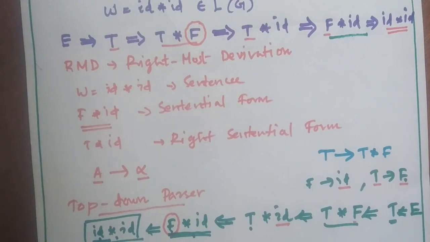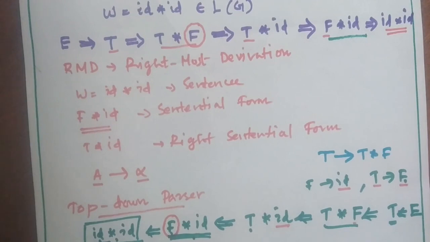So it slowly progresses from the input string to the root, that means the start symbol. When it is successful in this process from the input string to the start symbol, then the parse tree can be constructed. Finally we can tell the given string belongs to the language of the grammar.